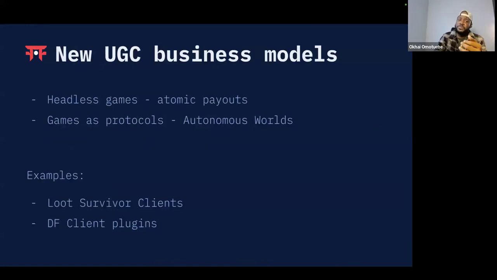And there are new business models that can be built on top of it, like endless games, atomic payouts, games as protocols, and this week we're talking about autonomous worlds. But other examples are like Loot Survivor client, which is actually on Starknet, and Dark Forest client plugin.